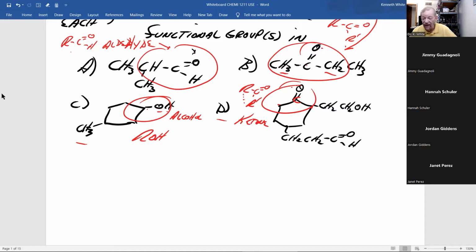Anything else? Oh, wait. Oxygen with a hydrogen on a carbon. This part you don't have to, this you do. And that's an alcohol. Am I done? Oh no, another oxygen, double bond to carbon with hydrogen carbons.